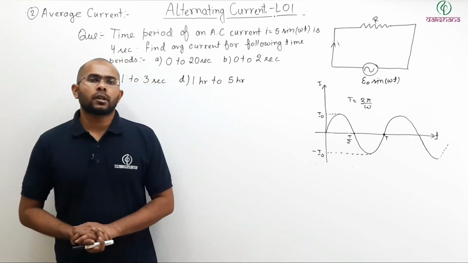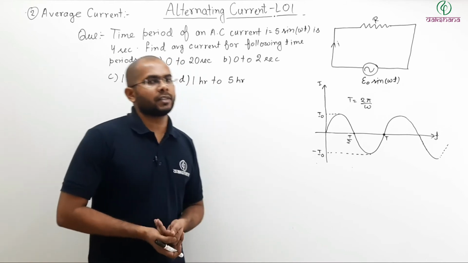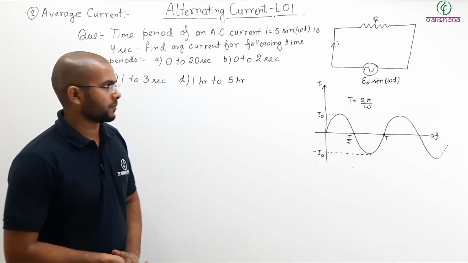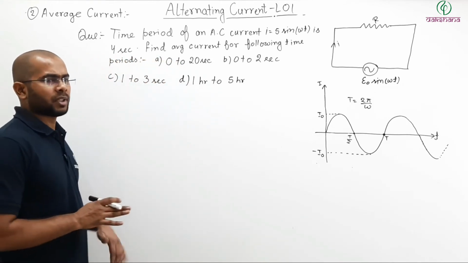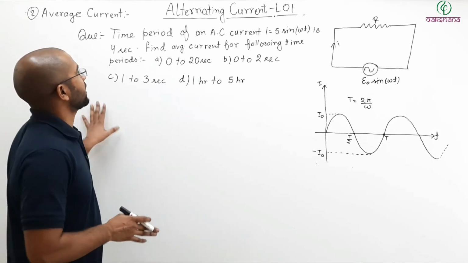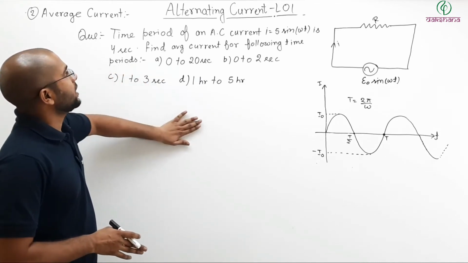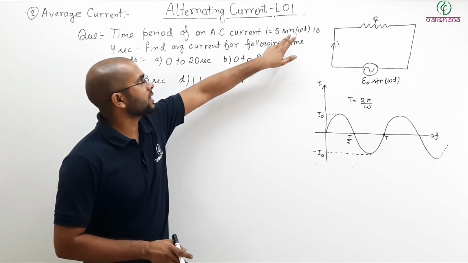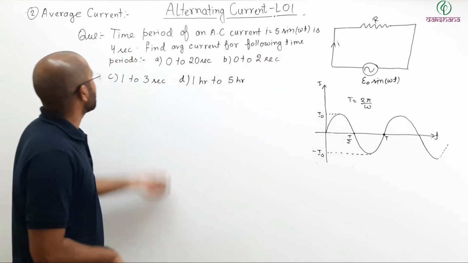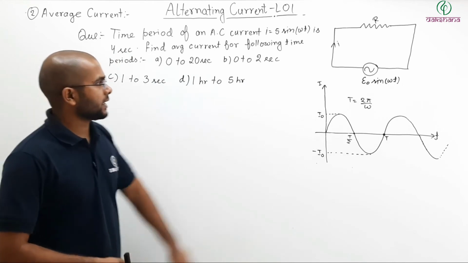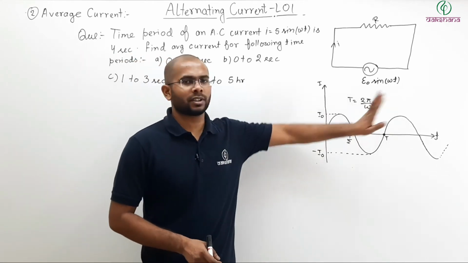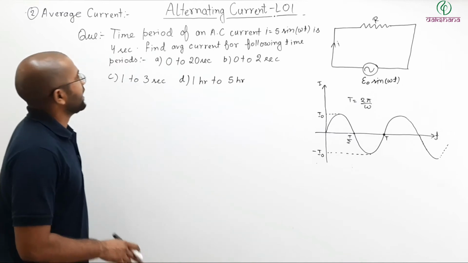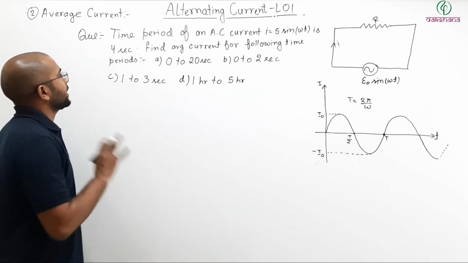Now let us try to solve a question based on the average value of a sinusoidal AC. It is a simple question, but we will solve it for different time periods. The time period of an AC current given as I equals 5 ampere sin omega t is 4 seconds. So the time period capital T is 2 pi by omega, which is equal to 4 seconds. Find the average current for the following time periods.